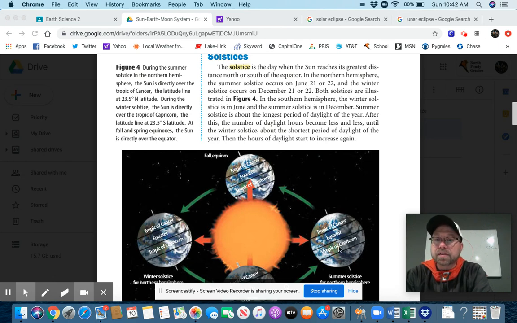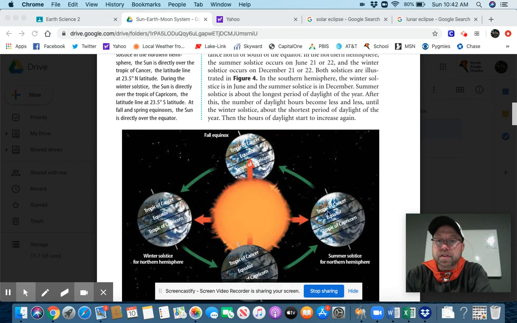The summer solstice would be illustrated right here. It is the point in our orbit where the North Pole is tilted closest towards the sun. So when the Earth is tilted on its axis and pointing the most directly towards the sun, we call that the summer solstice. It's the first day of summer.